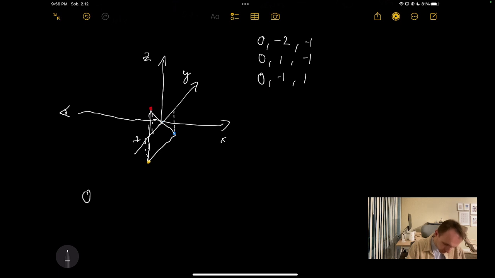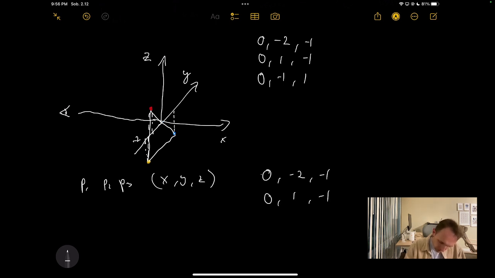There are 3 points: point 1, point 2, point 3, and each point is defined as an x, y, z coordinate tuple, exactly as I defined above. So 0, minus 2, minus 1, and then 0, 1, minus 1, and then 0, minus 1, 1.